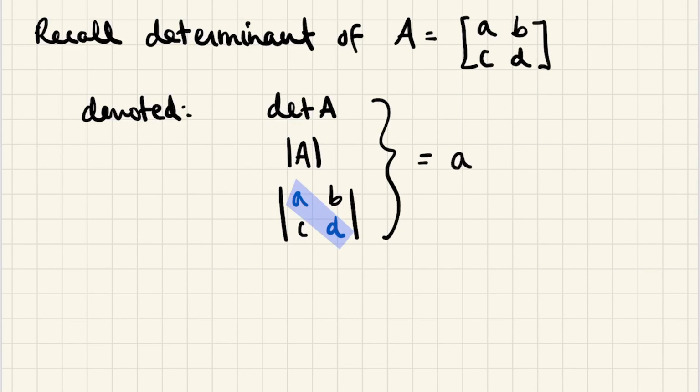So we have a times d, and subtracting the anti-diagonal product, so that would be b times c. This formula is strictly only for a 2x2 matrix determinant.